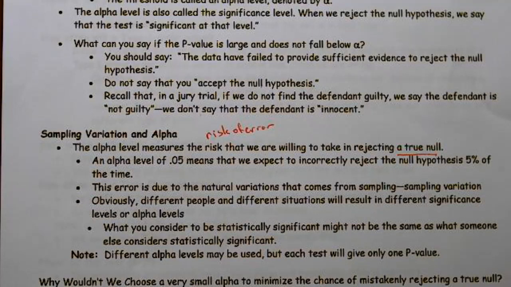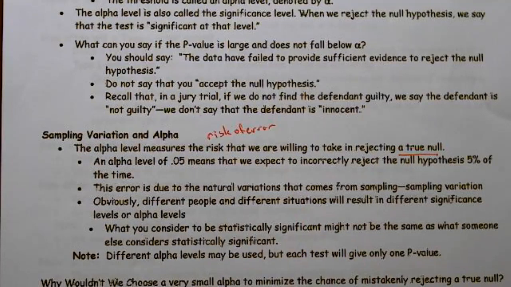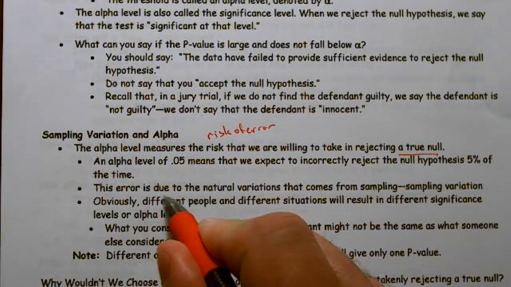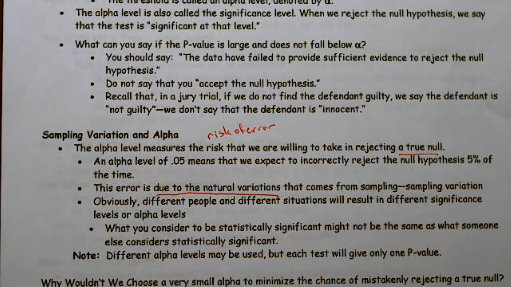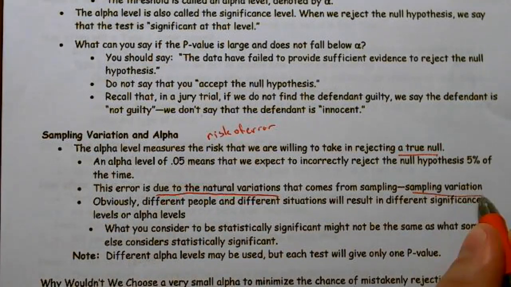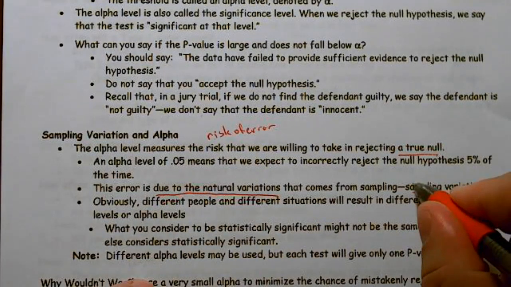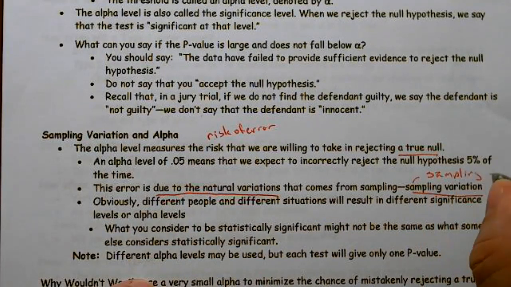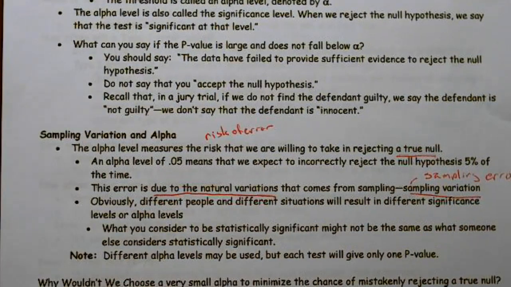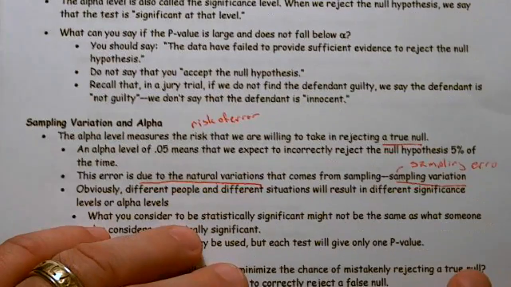Now, the error that arises that we're talking a risk of is due to natural variation. All right, this is really key, that it's due to natural variation that comes from sampling variation. And another word for sampling variation is sampling error. And sampling error does not arise because someone made a mistake in taking a sample.